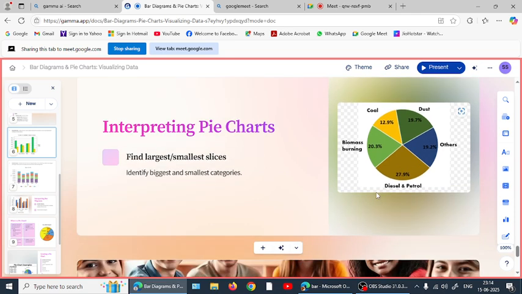Can you interpret this pie chart? This is pollutants of the atmosphere, I think. Which is the biggest slice? Yes, it is diesel and petrol. That means the atmosphere is mostly polluted by diesel and petrol.